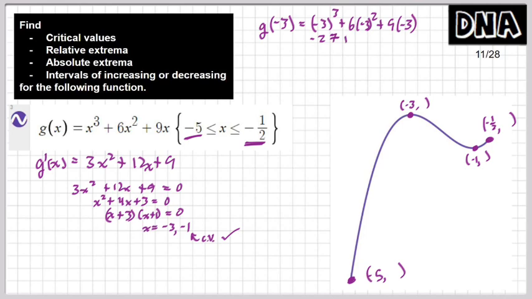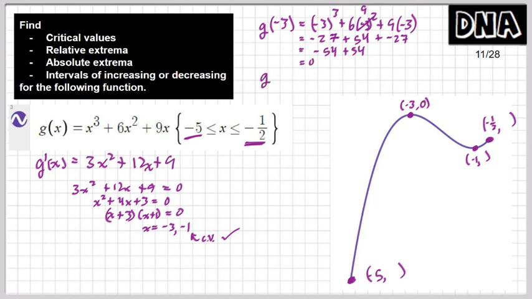So negative 27, plus 9 times 6, which is 54, and then another negative 27, which is negative 54, and then a positive 54. So what do we get? We get 0. That's right on the x-axis.